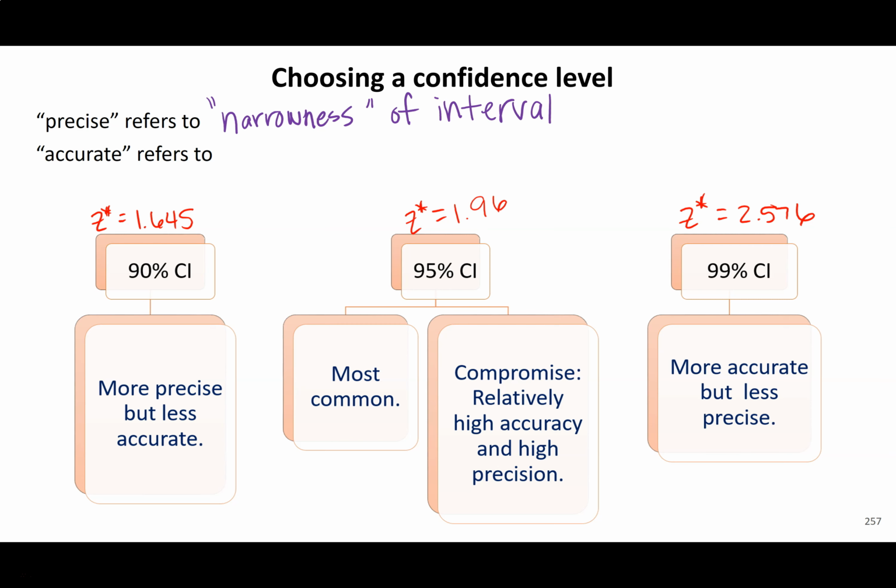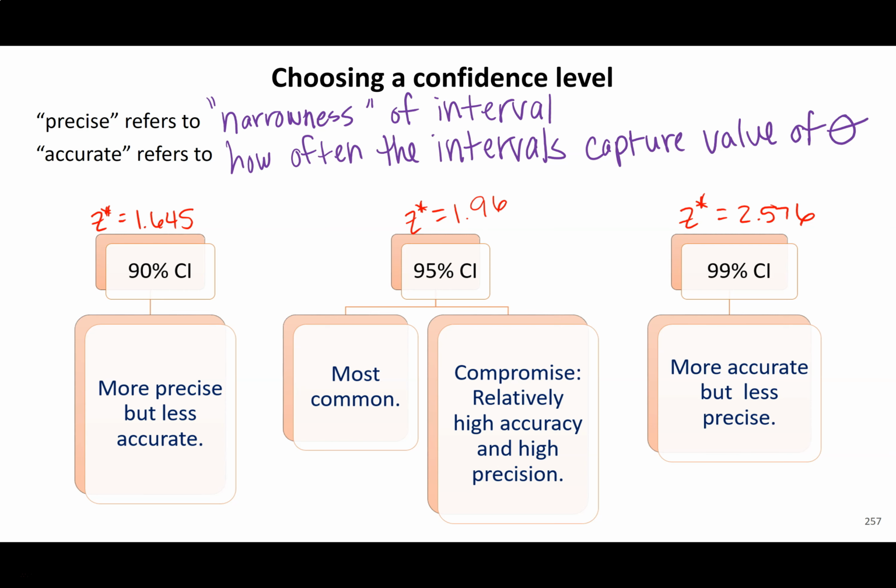Accurate refers to how often the intervals will accurately capture the value of theta.